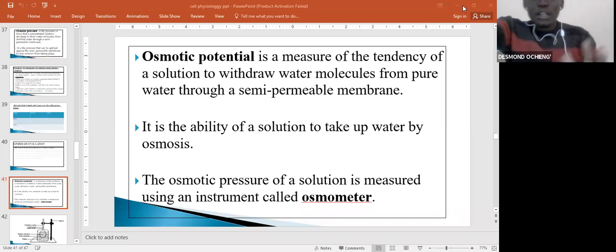I'm very sorry for that. Now, it is like the measure of the tendency of a solution to withdraw water molecules from pure water through a semi-permeable membrane. So let me just explain this using the simplest way.